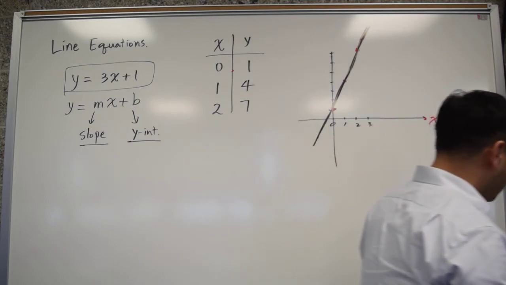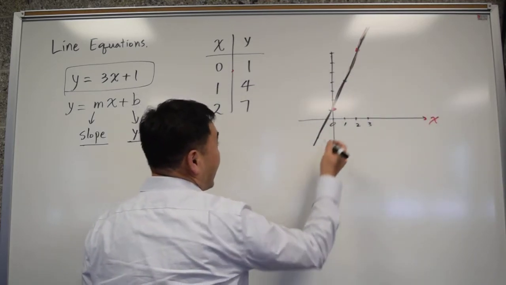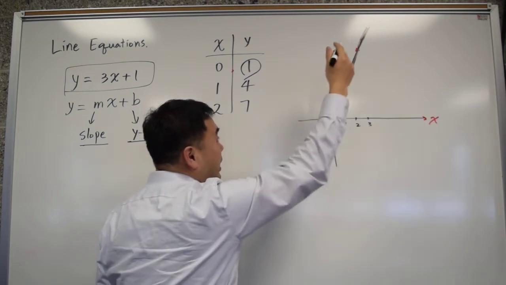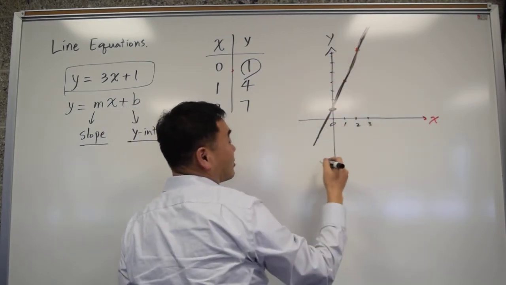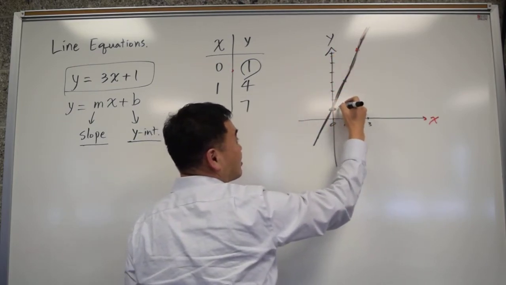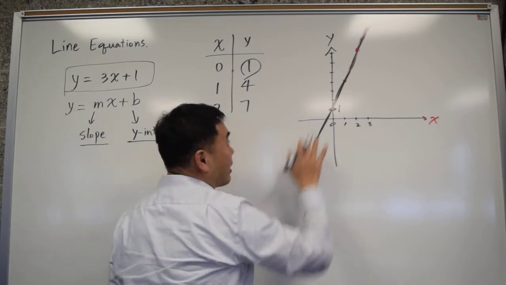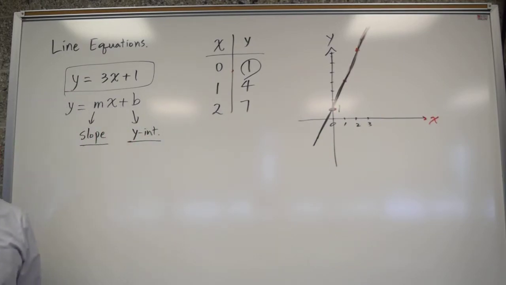Now, there are a couple of things that you should notice in this graph. One thing is that when x is 0, y is 1. And the graph passes the y-axis. See, this is the y-axis, and the graph passes the y-axis at 1. Okay? And as I said, if the graph passes the y-axis at some number, that's called the y-intercept.